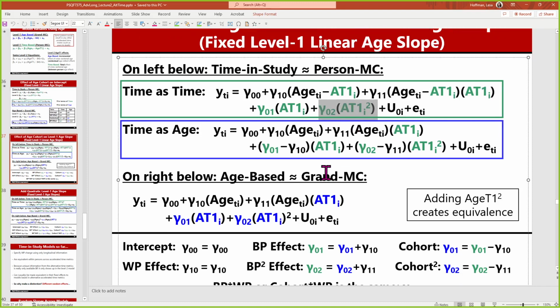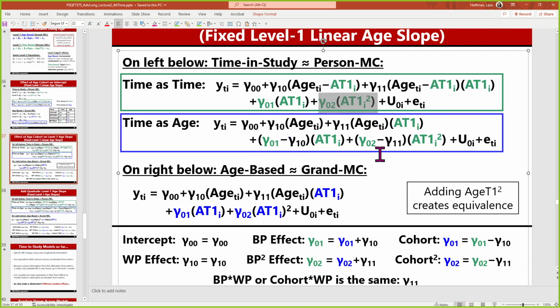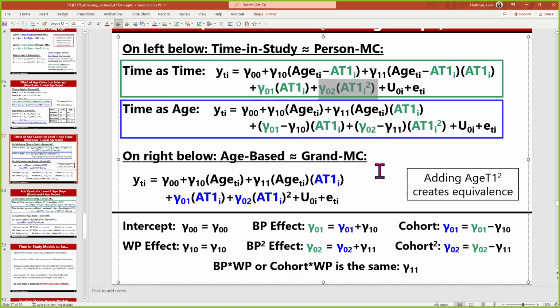If you work out the math, and it's in chapter 10, and it's also probably in the other chapter I gave you to some degree, the only way that you can make the time and age-based models equivalent is with this additional quadratic term. Once you do that, you get the same intercept either way. You get the same linear effect of level 1 time or age. You get either a between effect or a cohort effect for the contextual effect, and you can figure out one from the other with respect to the level 2 effects.